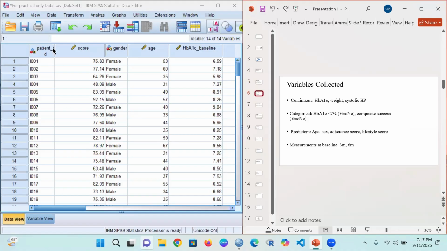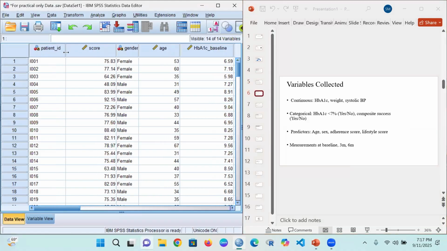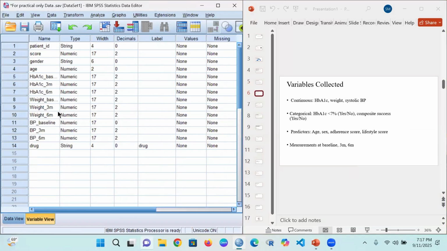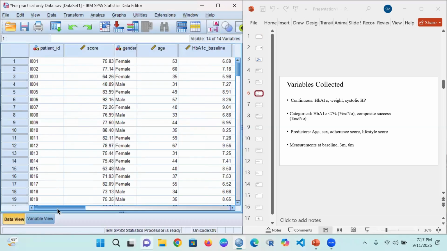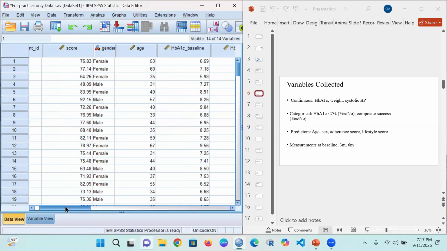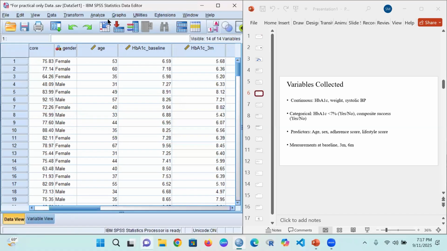In my data, we have a patient ID, that is the patient who attended the clinic. We have the score, the gender, and the age of the patient, which was also recorded. Also, you can see the HbA1c baseline.